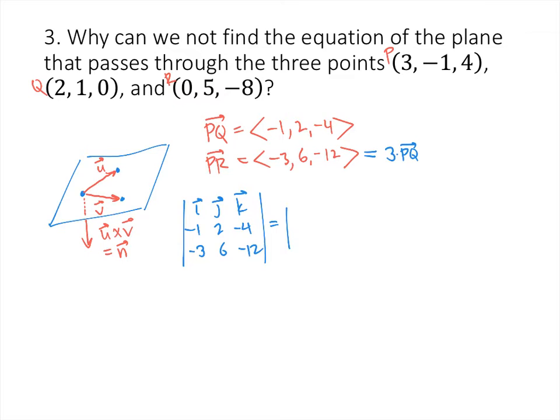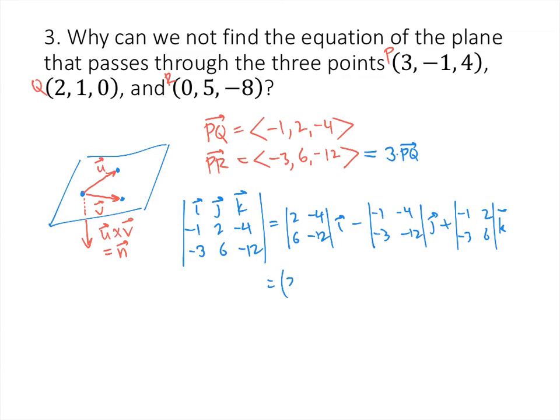We take our 2 by 2 determinants. They're going to be 2, negative 4, 6, negative 12 times i, minus negative 1, negative 4, negative 3, negative 12 times j, and then finally negative 1, 2, negative 3, 6 times k.